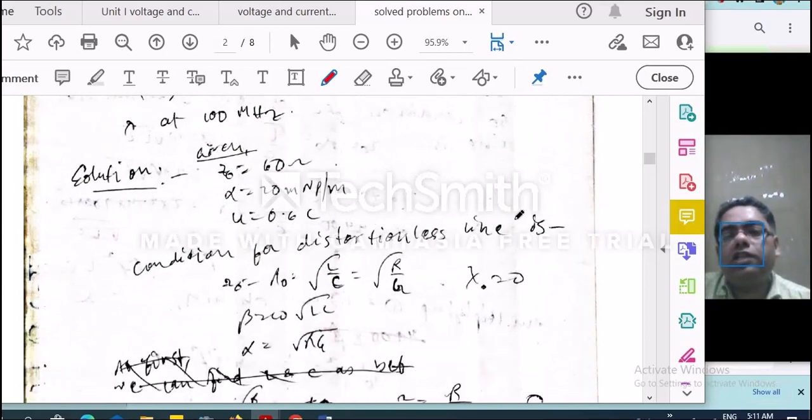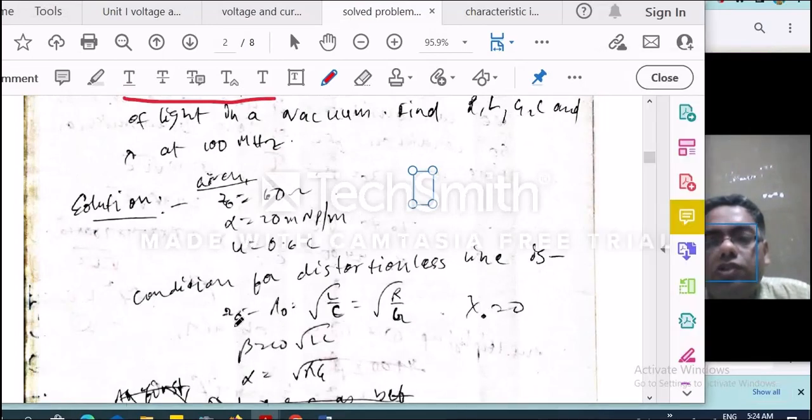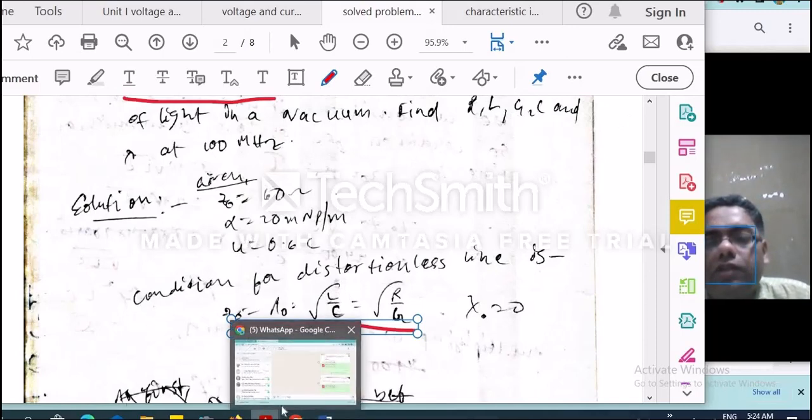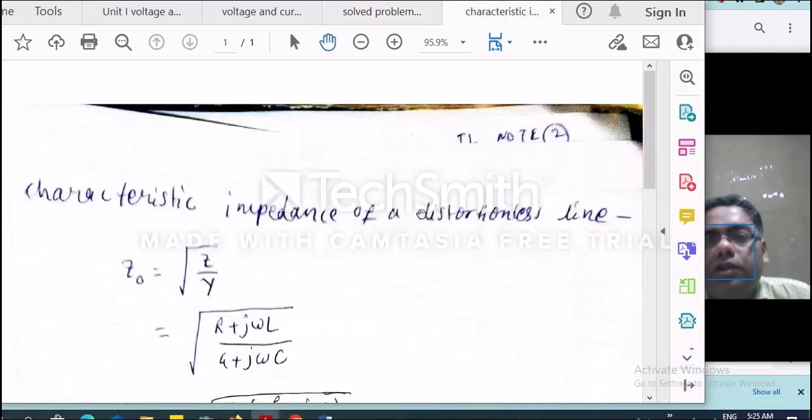Now the condition for a distortionless line is R by L equals G by C. The characteristic impedance of a distortionless line can be expressed in this form, root over L by C or root over R by G. How this comes, there is a separate PDF for that.